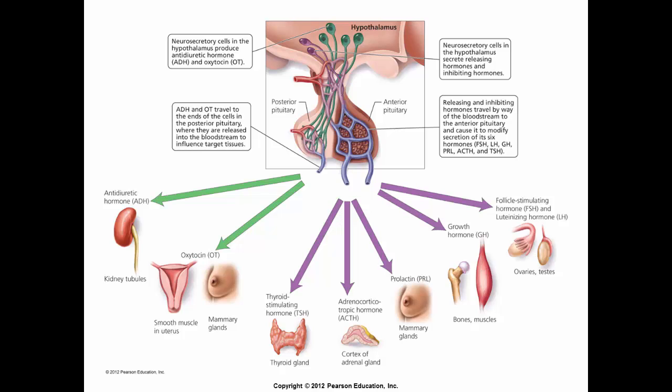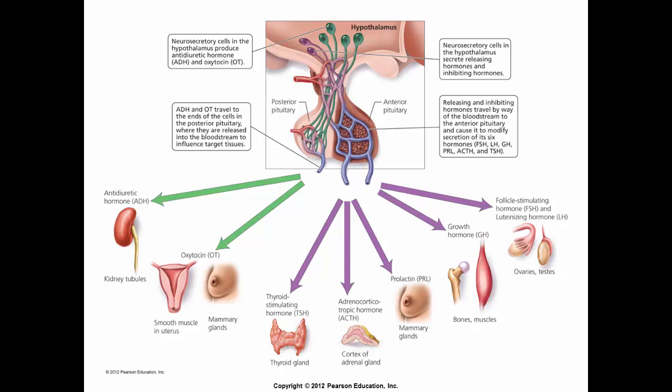Those two hormones travel to the ends of the cell and are stored in the posterior pituitary gland. From there, they would go into the bloodstream.